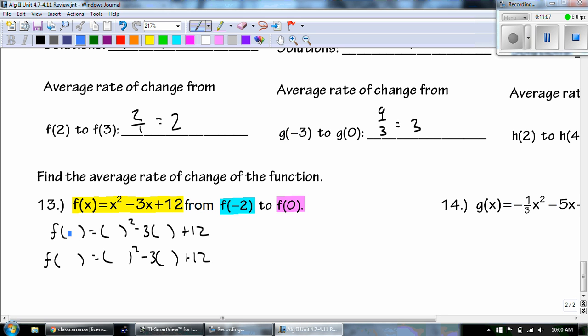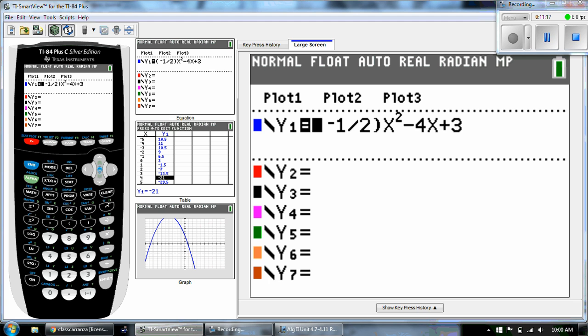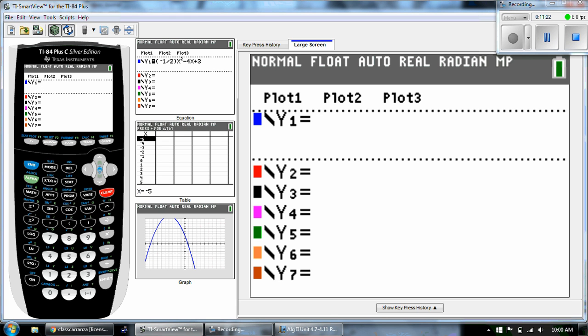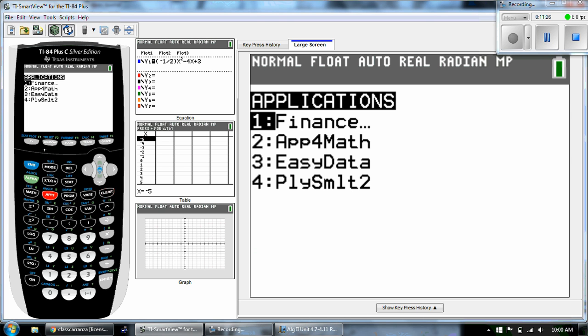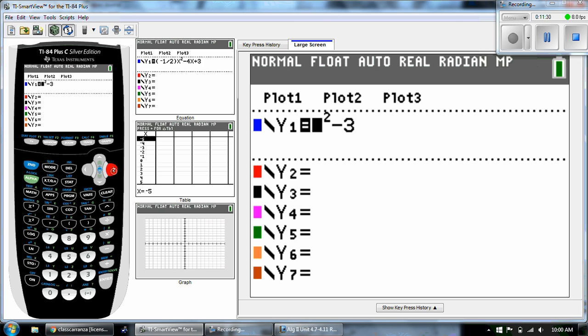So one time I'm plugging in negative 2, and the other time I'm plugging in 0. Now, the fastest way to do this is to go into your calculator, and I'm going to write that function. X squared minus 3x plus 12.